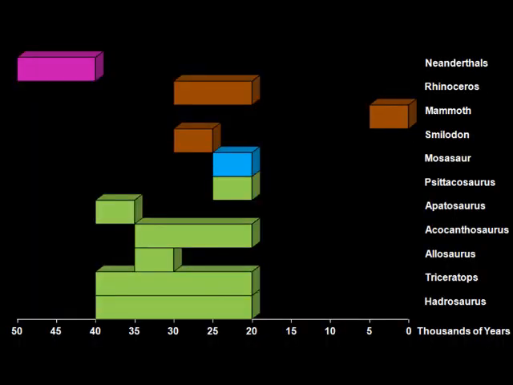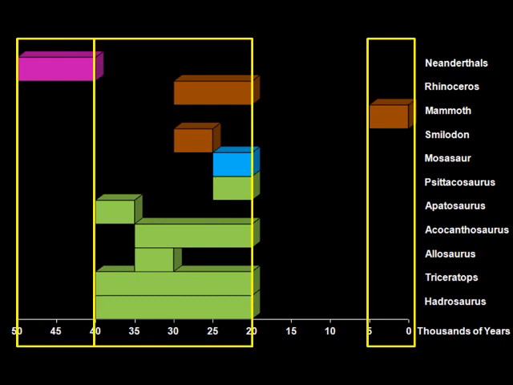But this is what we get when we look at the actual range of carbon dating results. Instead of getting the Neanderthals being younger, we get the Neanderthals being older. We get the mammoths down here, and then everything else that was carbon dated falls into this large middle column from the hadrosaurs and the triceratops, Allosaurus, Acrocanthosaurus, Apatosaurus, Psittacosaurus, Mosasaurus, Smilodon.